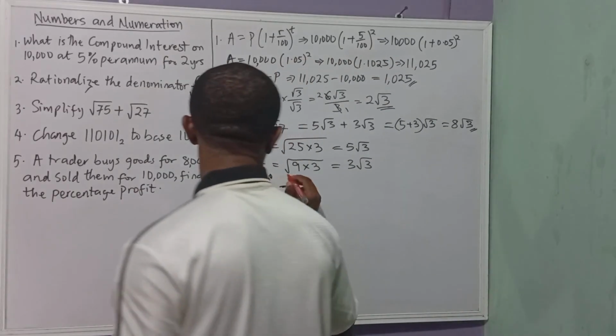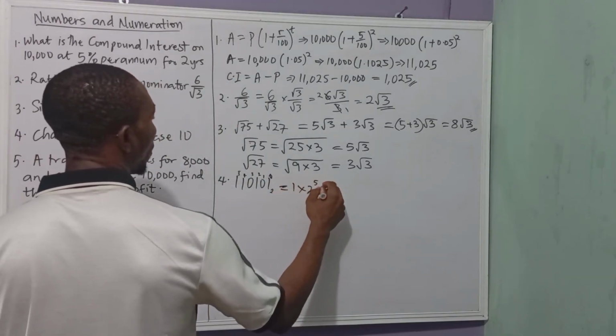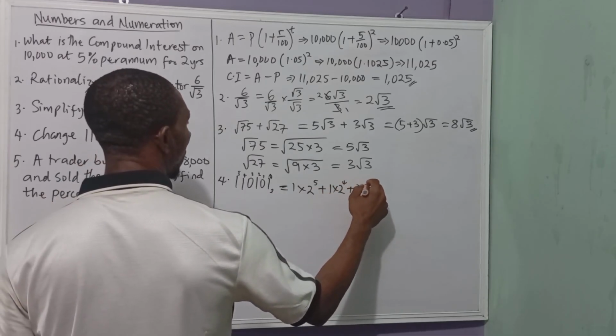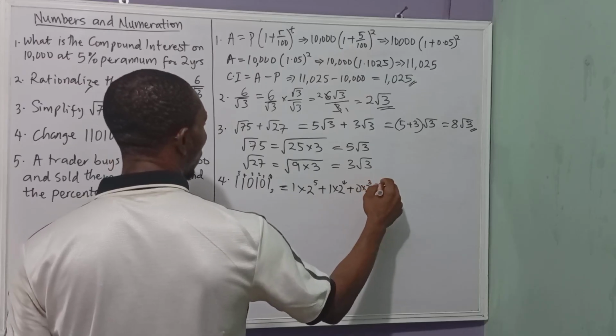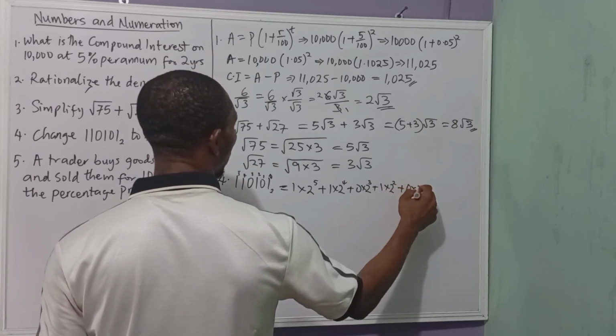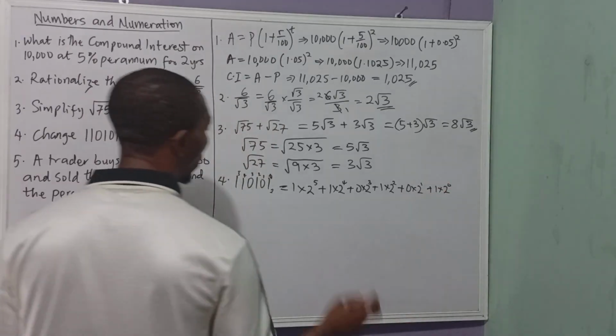So this becomes 1 times 2 raised to the power 5 plus 1 times 2 raised to the power 4 plus 0 times 2 raised to the power 3 plus 1 times 2 raised to the power 2 plus 0 times 2 raised to the power 1 plus 1 times 2 raised to the power 0.